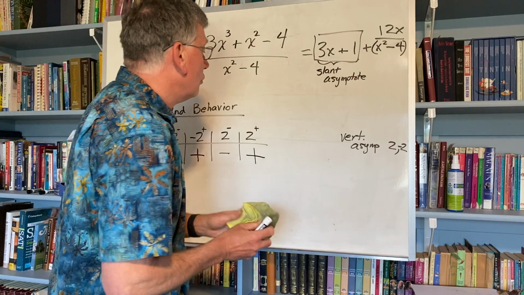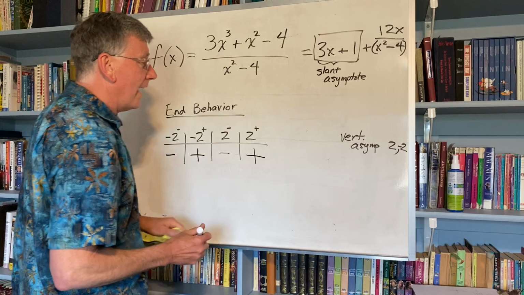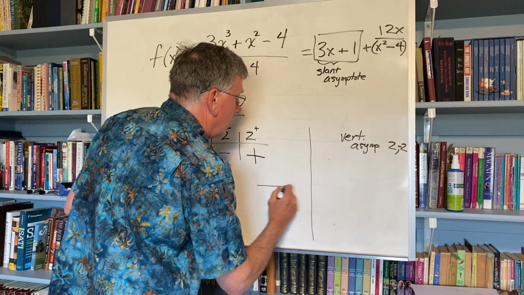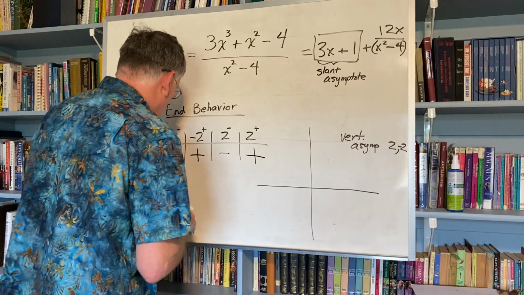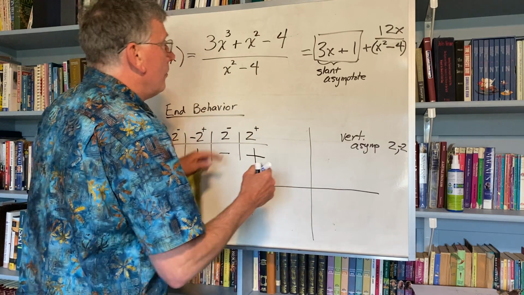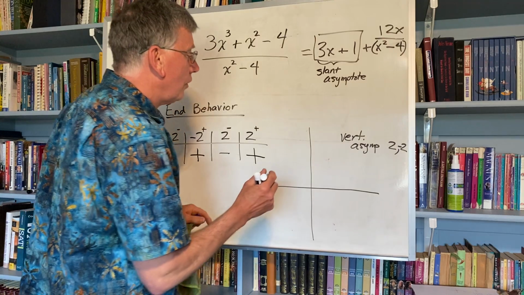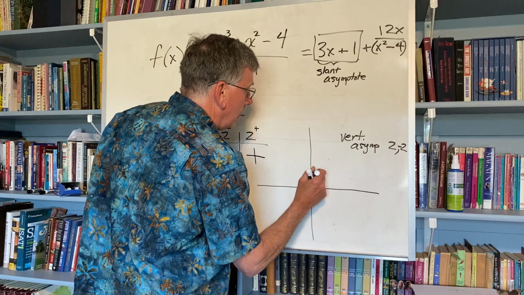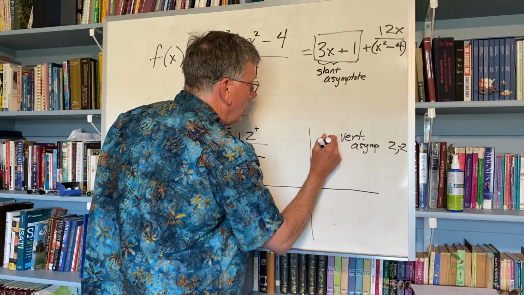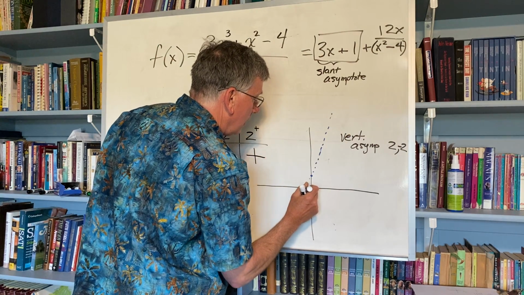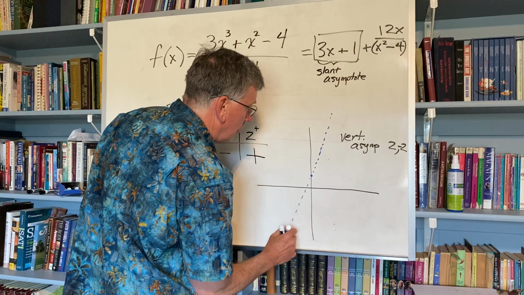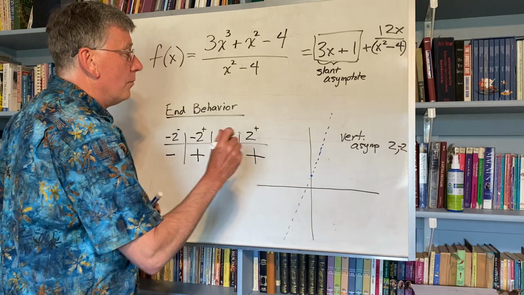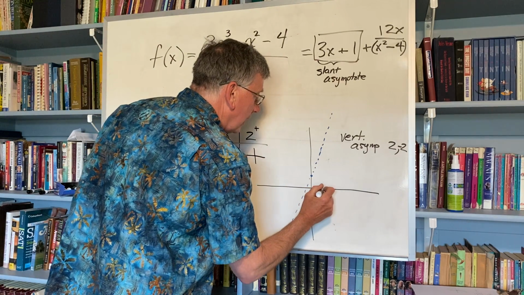Now I'm ready to do my graph. My slant asymptote is 3x plus 1. So here is 1, going up with a slope of 3. That's my slant asymptote. My vertical asymptotes are at 2 and -2.